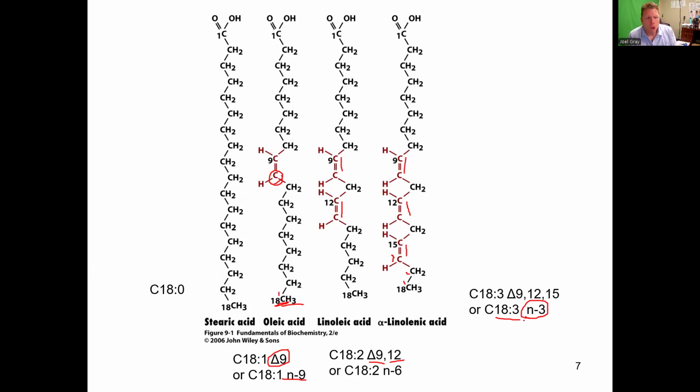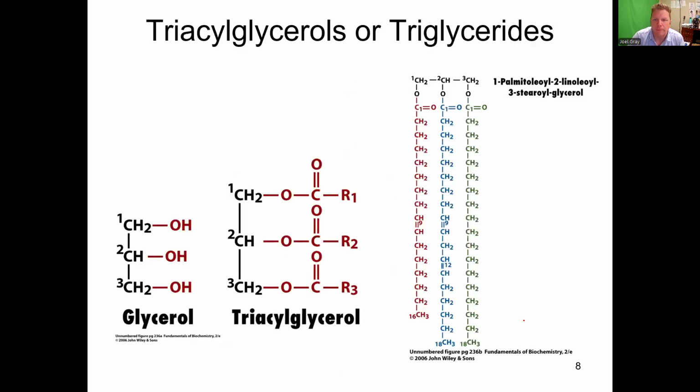There are other people who arrive in the field of biochemistry because they studied nutrition. And so these two different numbering schemes are more commonly used in different fields. The delta numbering scheme is more common for chemists, and the omega scheme is a little bit more common for people who study nutrition. And so that's why there's two of them.